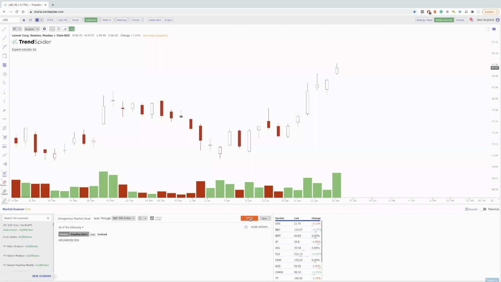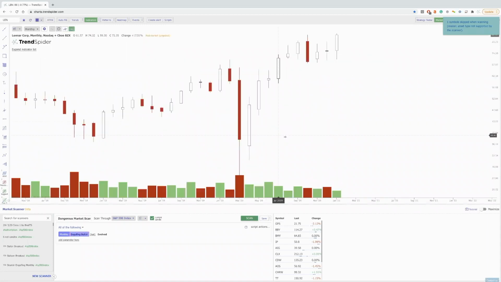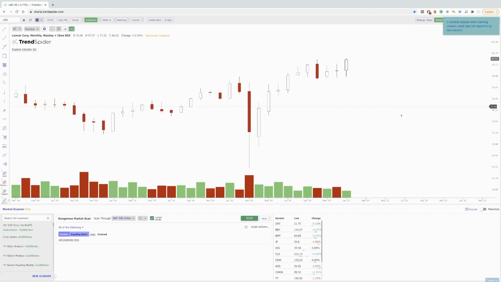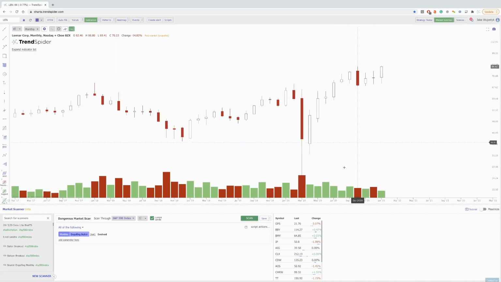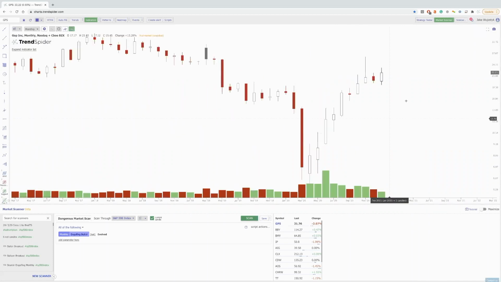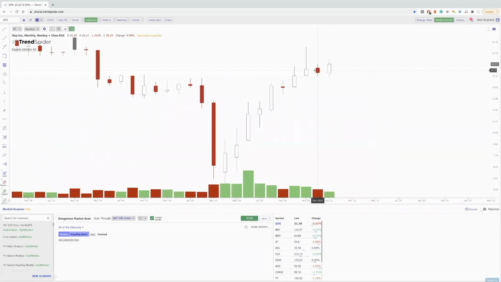So January has not closed yet, but being able to scan for this type of setup allows you to get an idea of what's going on before the market actually closes for the month, or a specific stock closes for the month. So this really allows you to see, in this case, you can see we're engulfing this previous candle. It's the 25th.